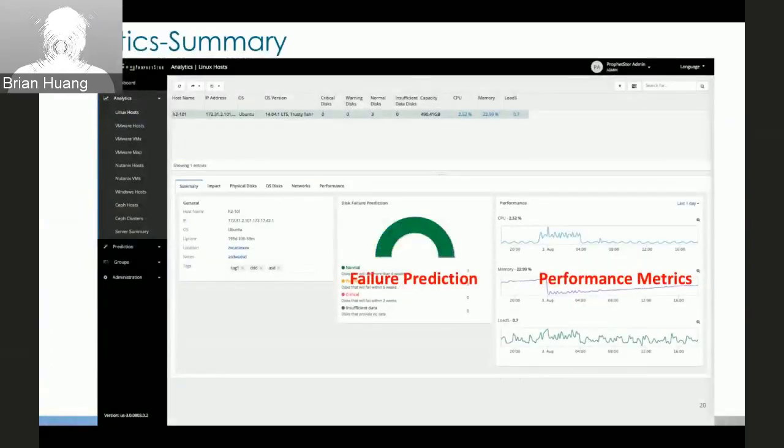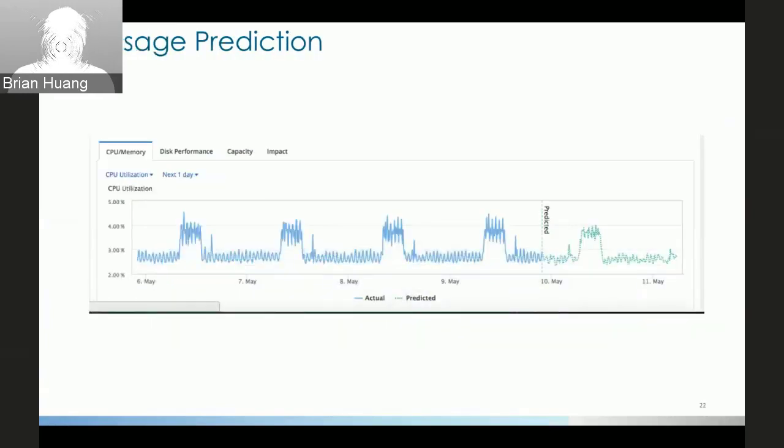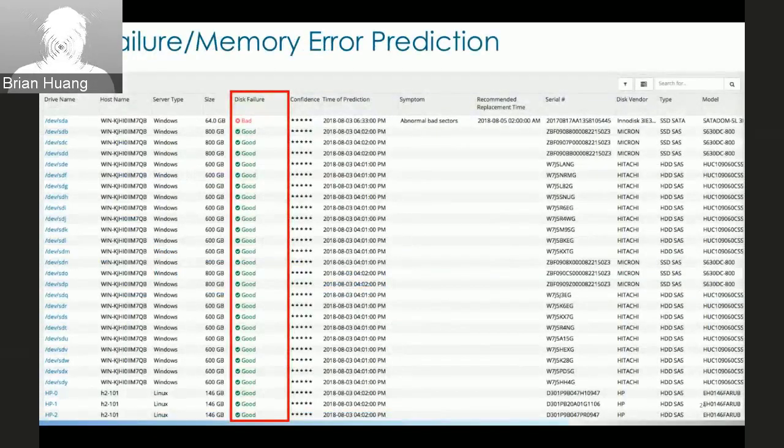And this is the screenshot that specifically provides the information about the disk failure prediction. And then this is a capacity prediction, CPU state prediction, disk performance prediction. And this is a screenshot of the disk failure prediction.